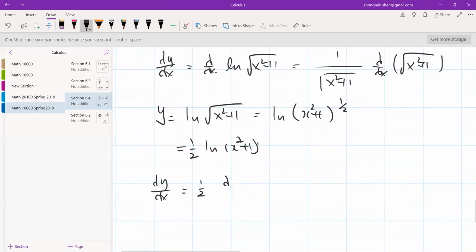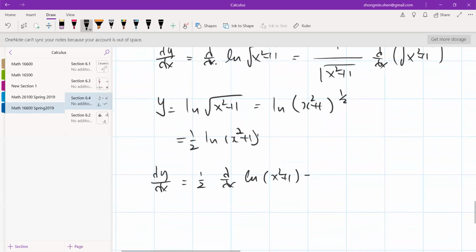I take the constant out. Whatever is inside the natural log will go to the denominator. I still have to differentiate x squared plus 1. That's easy, you just get 2x.